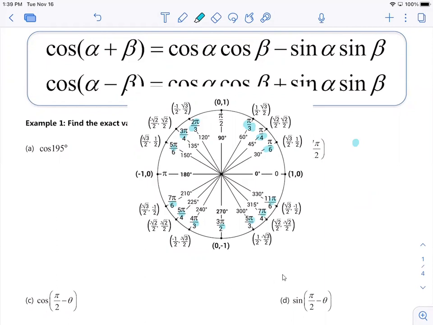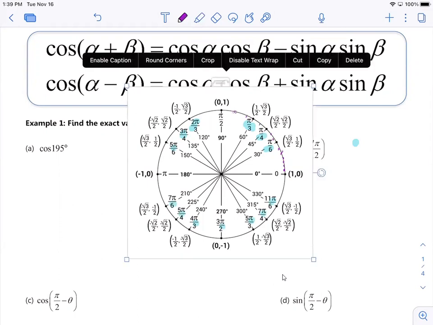And so that's how we have these exact values. But realize there are other angles happening. We don't have just pi over 6, pi over 4. All these angles are happening in between. So we wanted to figure out a way to evaluate, without relying on a calculator, other values that we can't see on our unit circle. Doesn't mean they don't exist.